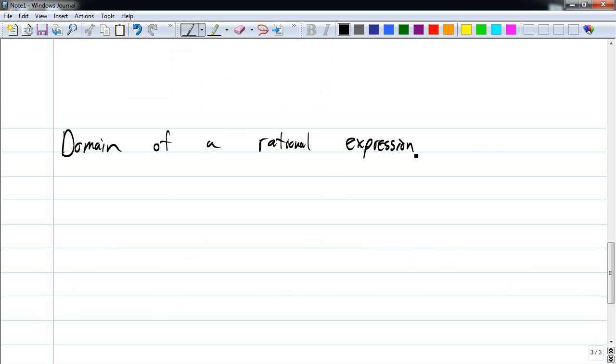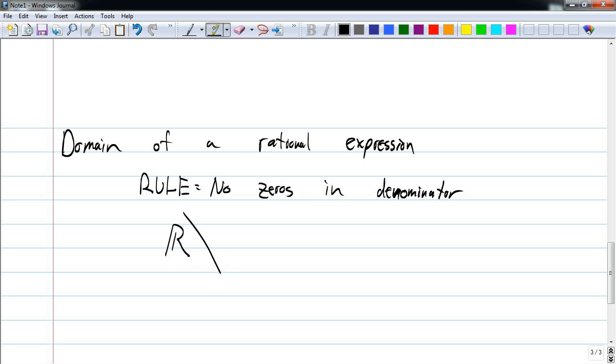Okay, here's the rule. No zeros in the denominator. So my denominator cannot be 0 at all. So my domain will always be all reals except for, and this slash is set theory for except for.